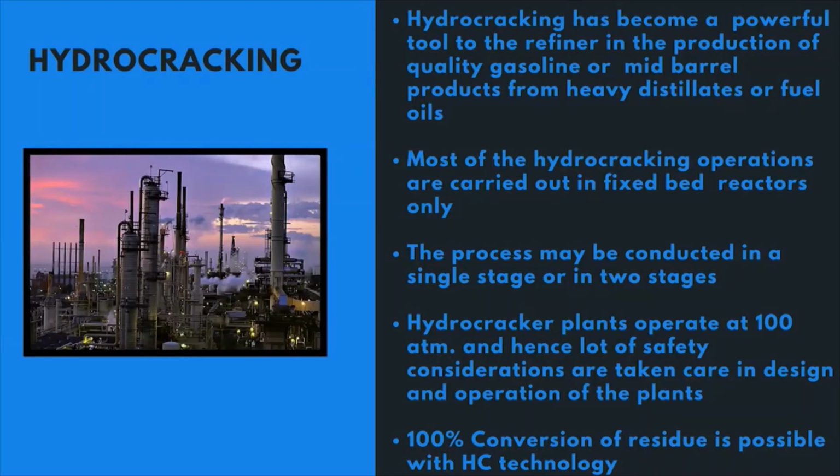Each one has a certain value addition in terms of percentage. For example, a thermal cracker can convert almost 50 to 60% of your residue into valuable products. The next one, the fluid catalytic cracking unit, can convert 70 to 80% of your residue into valuable products, whereas a hydrocracker unit can convert almost 100% of your residue into valuable products, but of course it is a cost-intensive unit.